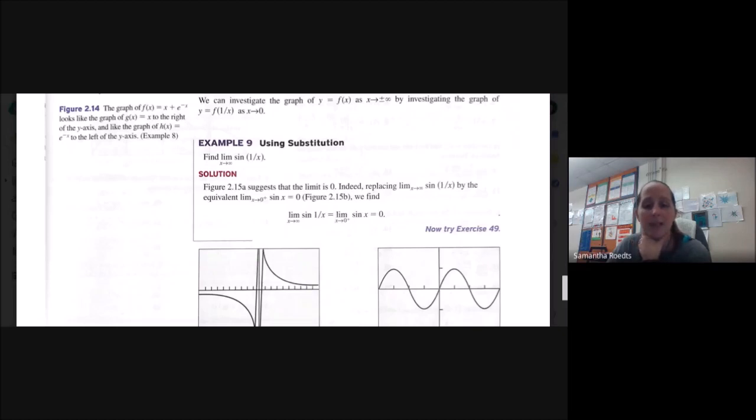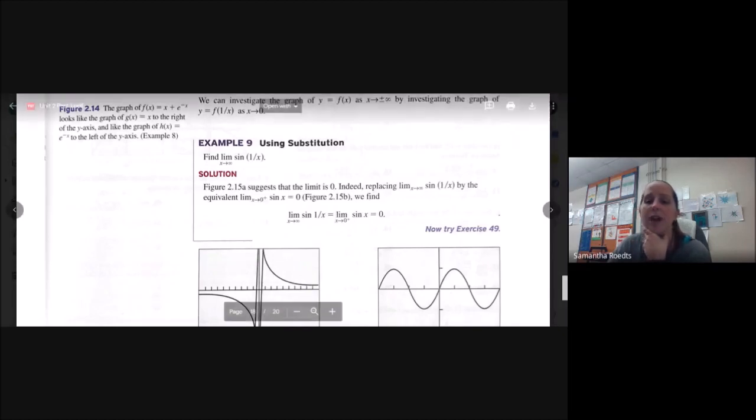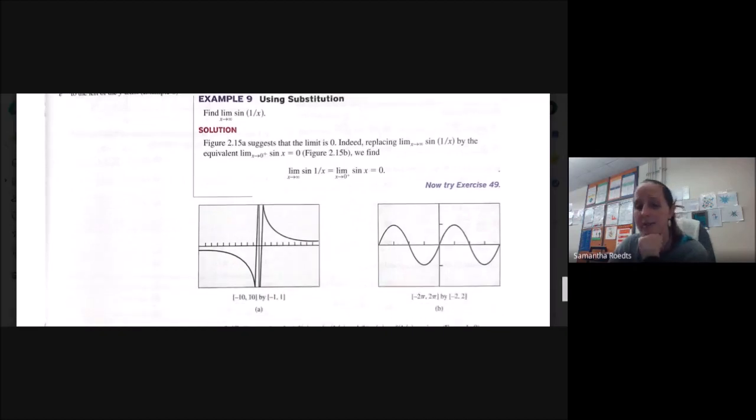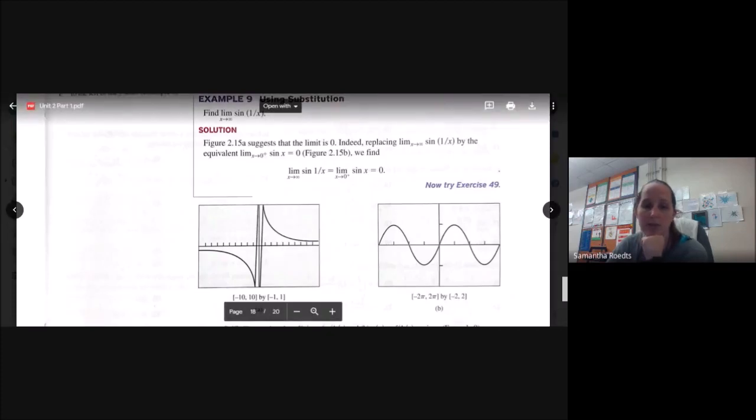Indeed, by replacing the limit of sine of 1 over x as x approaches infinity by the equivalent limit of sine of x as x approaches 0 from the right, we find that the limit of sine of 1 over x as x approaches infinity equals the limit of sine of x as x approaches 0 from the right, which equals 0. So this is what this graph looks like.